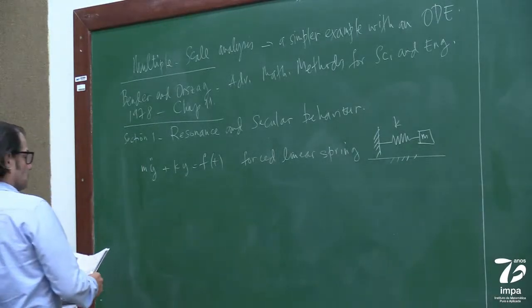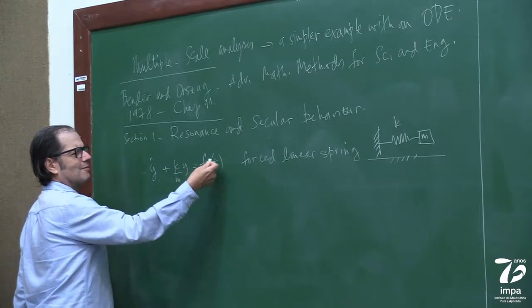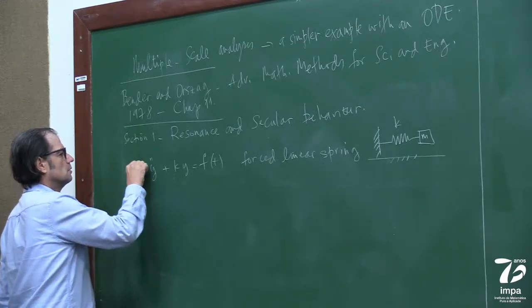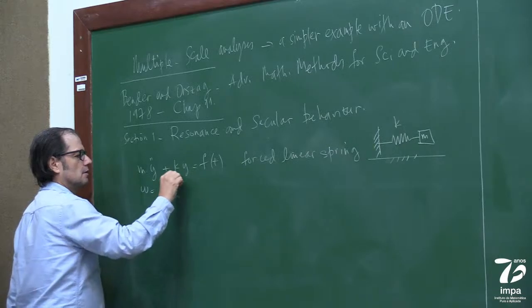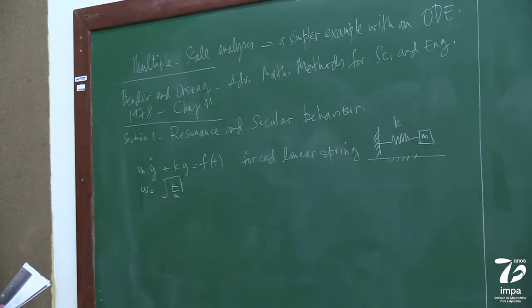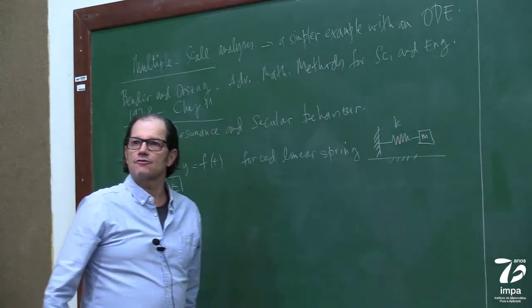So we pull this guy, it oscillates, the harmonic oscillator. And the solution, if I want to divide by m here, and I'll divide it by m there, but I'm not going to do it, has a natural frequency, the square root of k over m. So if I'm not forcing it, pull this guy, it will oscillate with that frequency.